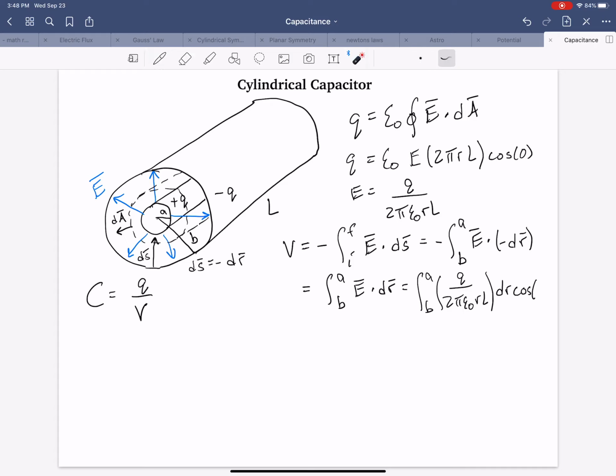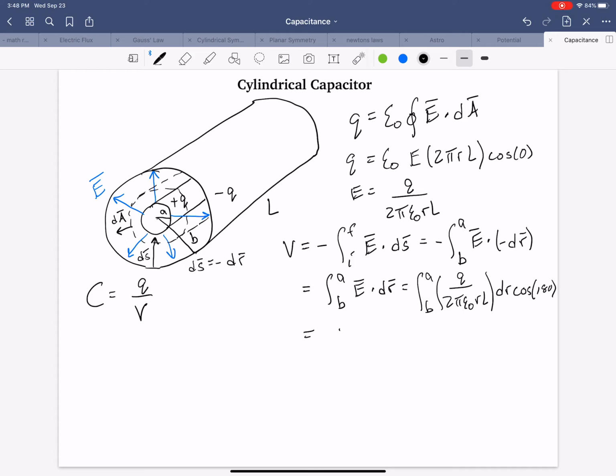Now, since our ds is really dr, now E is outwards and our ds is actually inwards in the negative dr direction. All right, so now it turns out that this is cosine of 180. So our negative sign effectively comes back to bite us, right? But that's okay. We'll see it goes away in a second anyway.